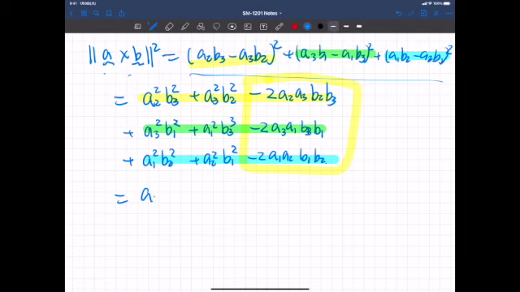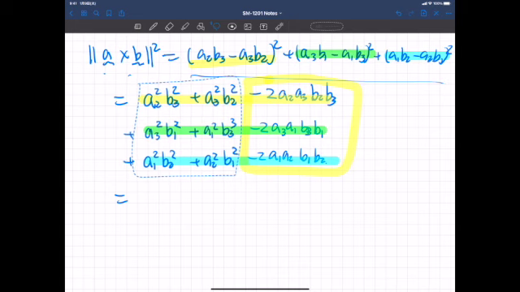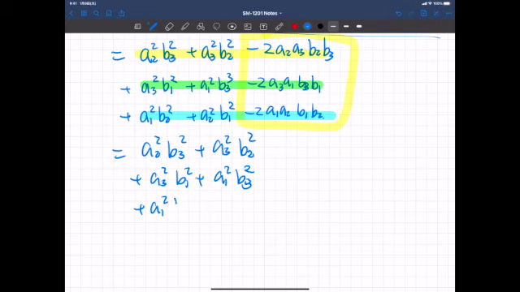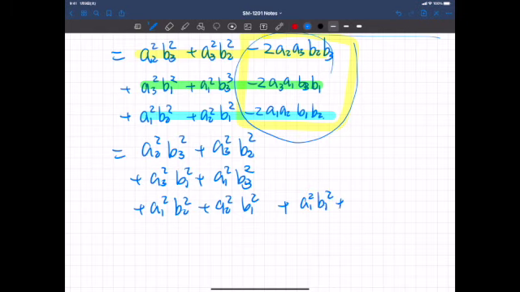And we have a2 squared b3 squared plus a3 squared b2 squared plus a3 squared b1 squared plus a1 squared b3 squared plus a1 squared b2 squared plus a2 squared b1 squared, plus this part replaced with a1 squared b1 squared plus a2 squared b2 squared plus a3 squared b3 squared.